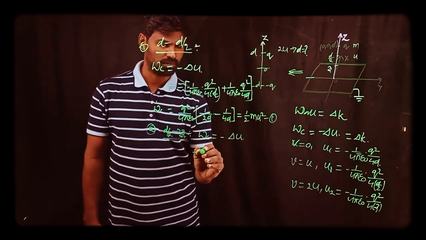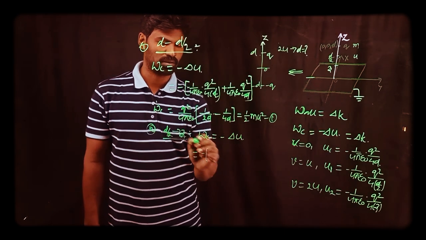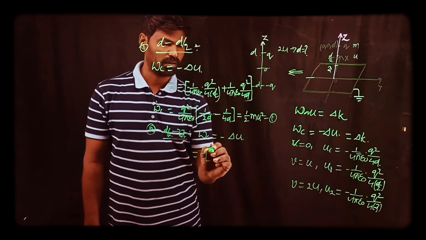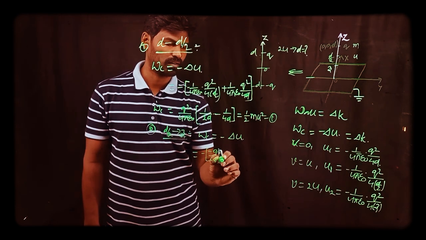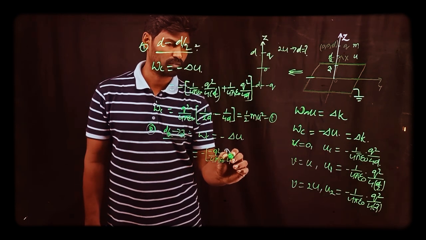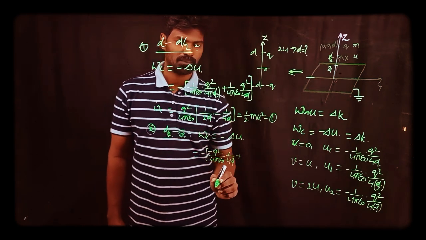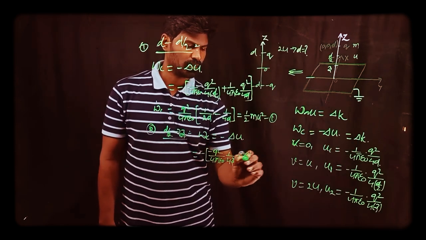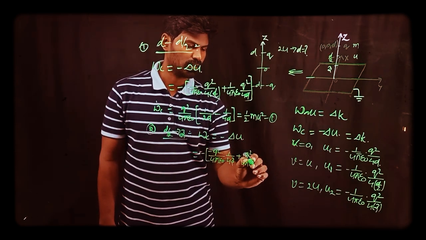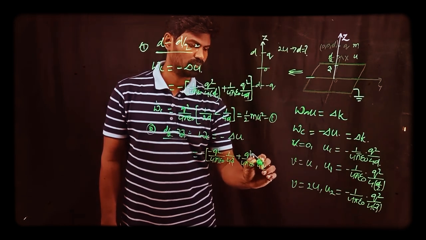Negative of change in potential energy means negative of final potential energy, that is when the charge is at position z, minus q square divided by 4 pi epsilon naught into 1 by 4z, minus into minus plus. When the particle is at d by 2, it is q square divided by 4 pi epsilon naught into 1 by 4 into d by 2.